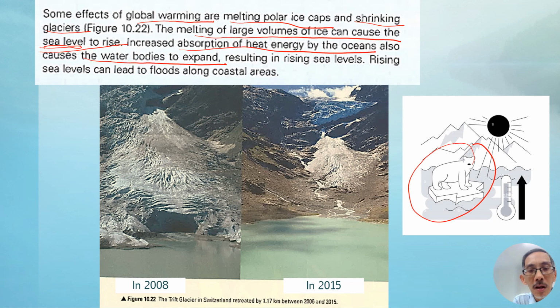So actually sea water rising has two contributions: one from the melting of the ice in the two poles, and also the expansion of water in the sea or ocean due to the higher amount of energy available.